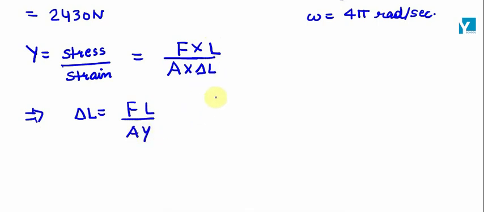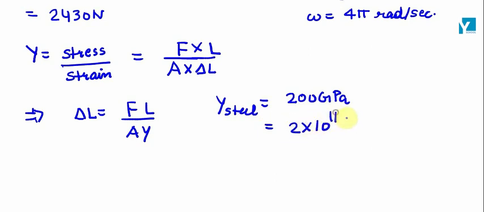We know Y for steel is equal to 200 gigapascal, or more simply 2 into 10 raised to power 11 Newton per meter square.